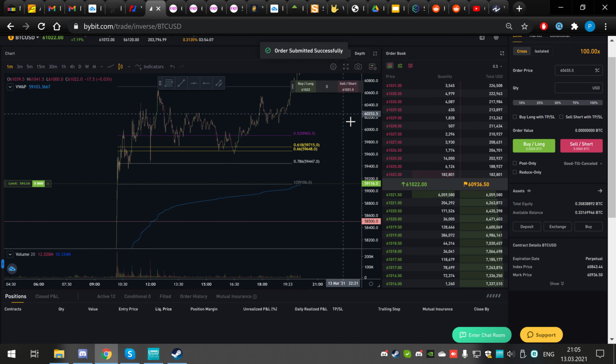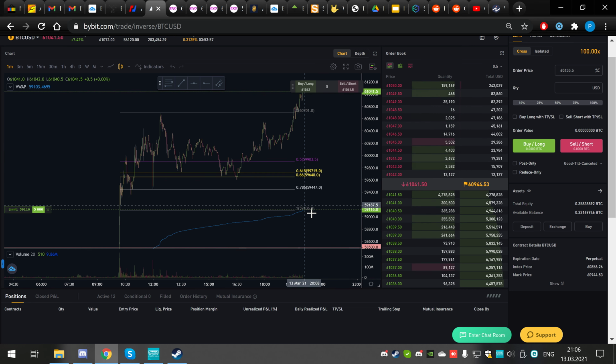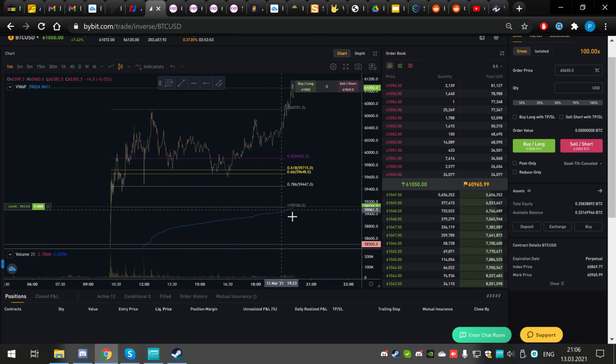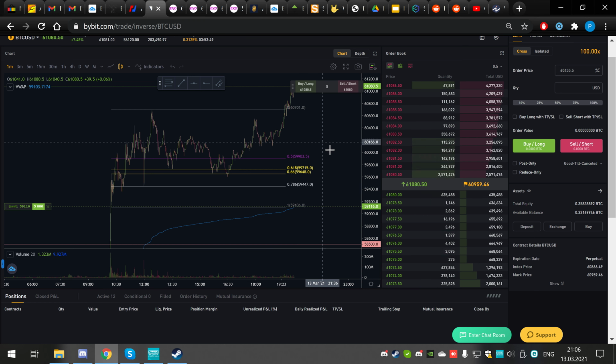Because in my experience, when we are so far away from VWAP and we go down, violently or normally, the first touch almost always gets a reaction. So I just want to buy. This is a good risk trade for me, a good reward ratio.